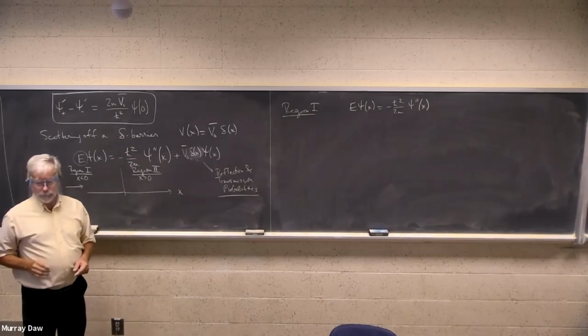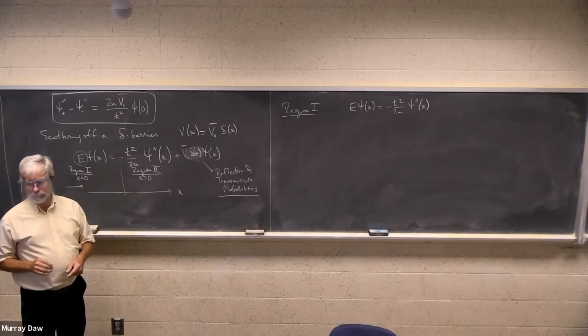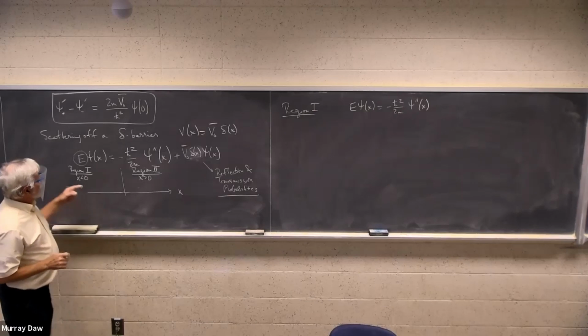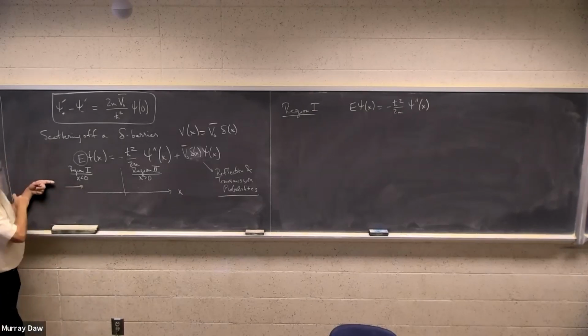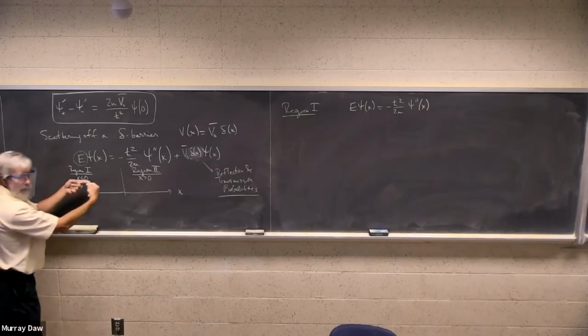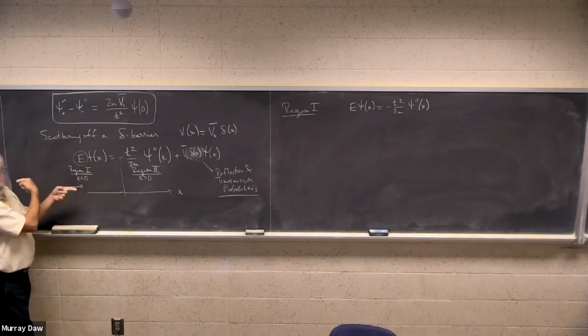That's the free particle equation. Coming in from the left, the potential is flat. So in this region, it's going to be free particle solutions. The energy is defined, and we look for solutions to that. And we also know that there's a part coming in from the left, and there's going to be a part bouncing off, headed to the left.